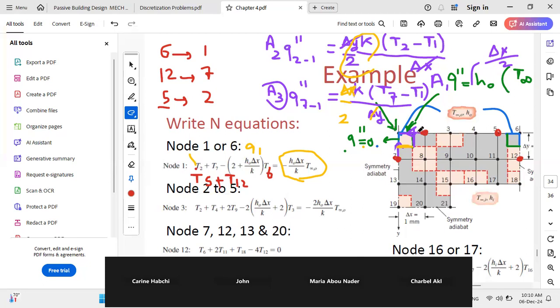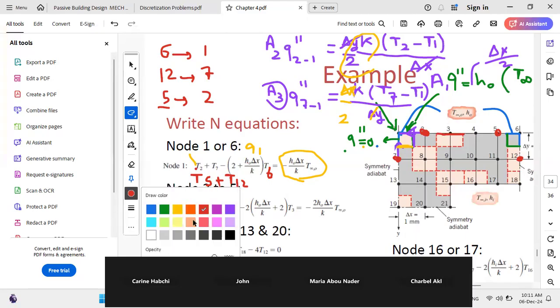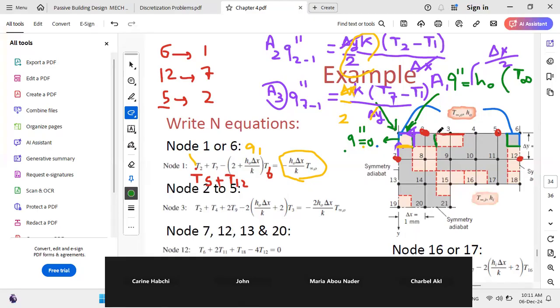Now, if we look at node 2, we can see that the conditions on nodes 2, 3, 4, and 5 are the same because all of these are characterized by a convection boundary with the outer environment. And we have two sides of conduction with an area of delta y over 2 times 1, and one side of conduction with an area of delta x times 1.